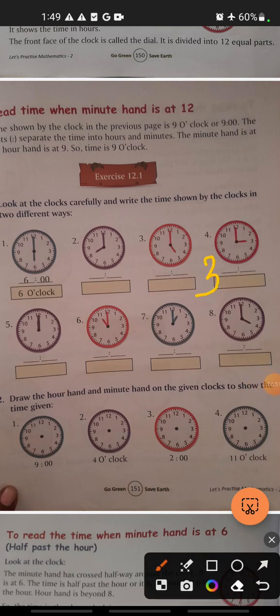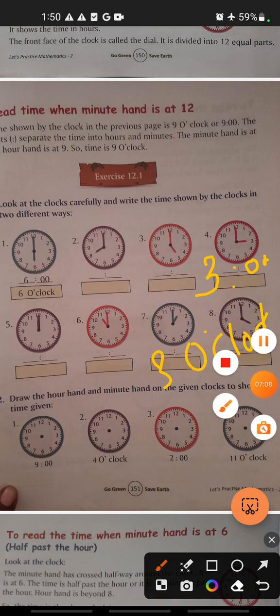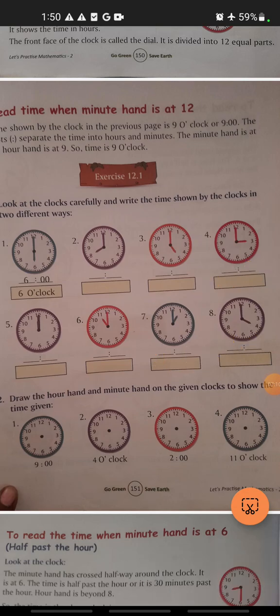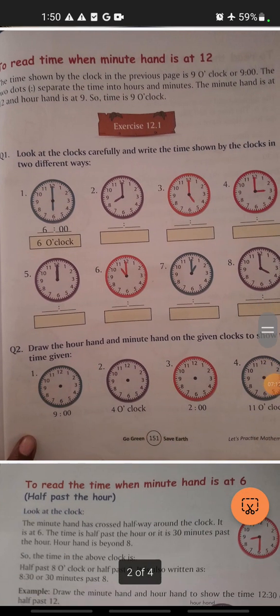We have to write it as 3 double dot double 0 and 3 o'clock. These are the two ways to write the time. Next, the 5th, 6th, 7th, 8th, you have to do it by yourself.